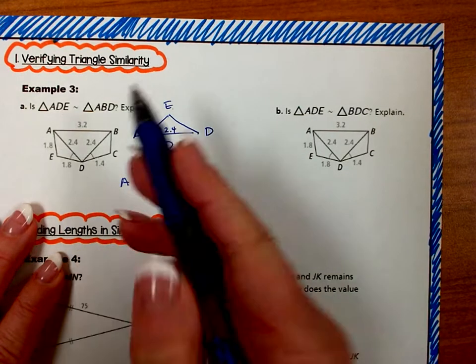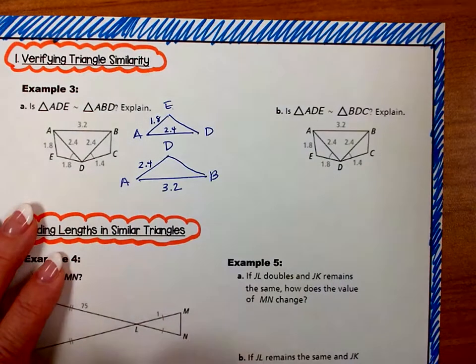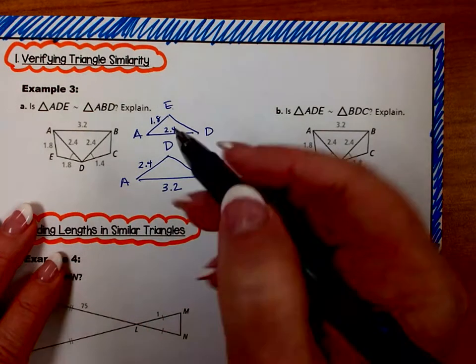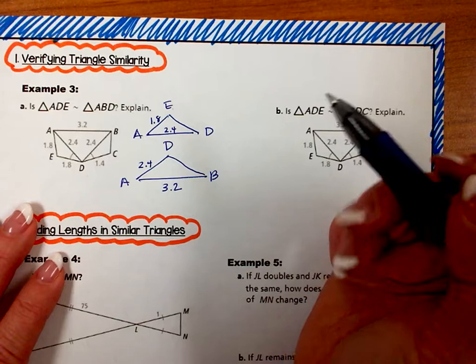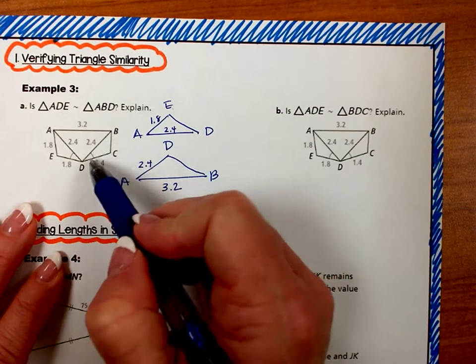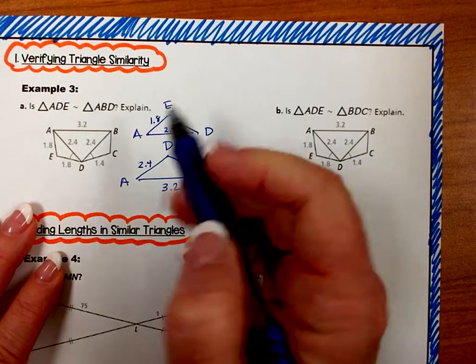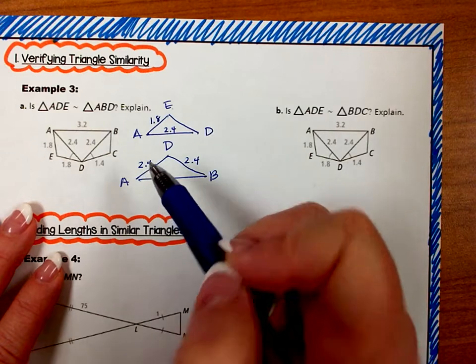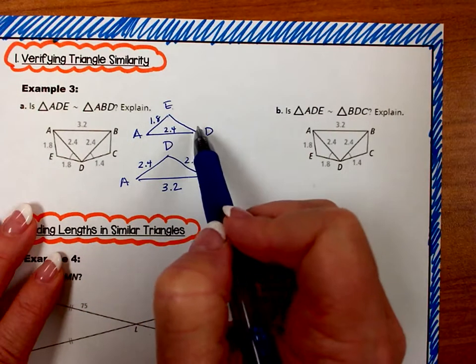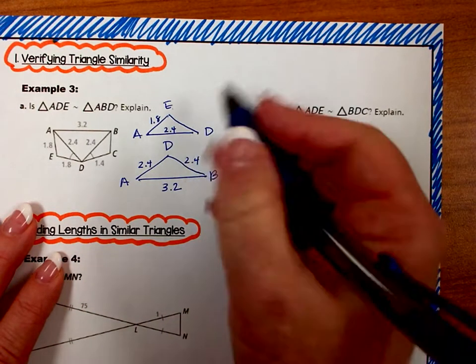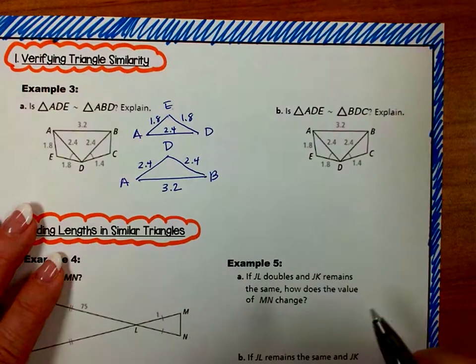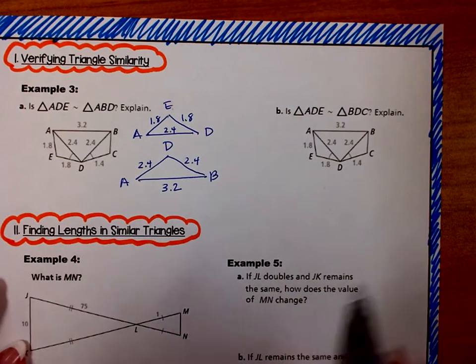and AE is 1.8. And in both of these we're looking at isosceles triangles. So DB is also 2.4 and ED or DE is also 1.8. So we only have to check one.